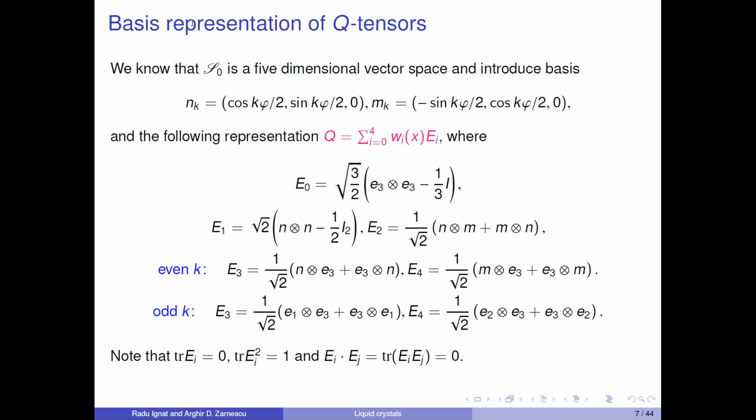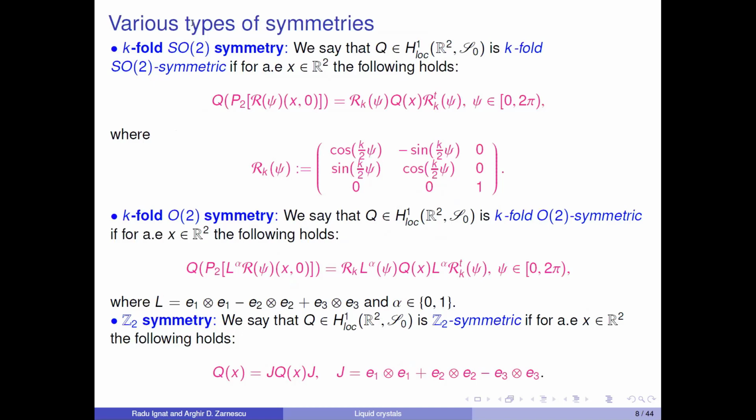Okay, so this is a monstrous looking symmetry that is written here, which we call k-fold SO(2) symmetry. So let me try to tell you a bit more about this. You have x in R^2, and then you have this part, which is just a rotation. So you are rotating x, just a rotation by an angle psi.